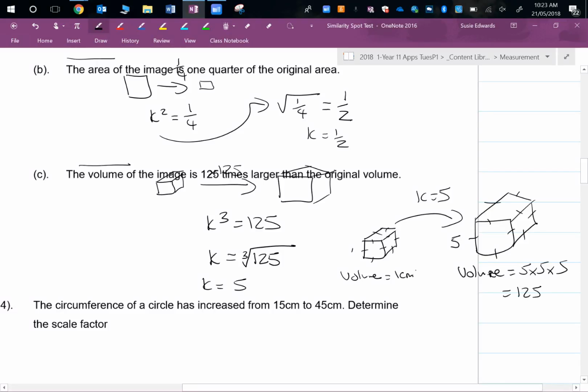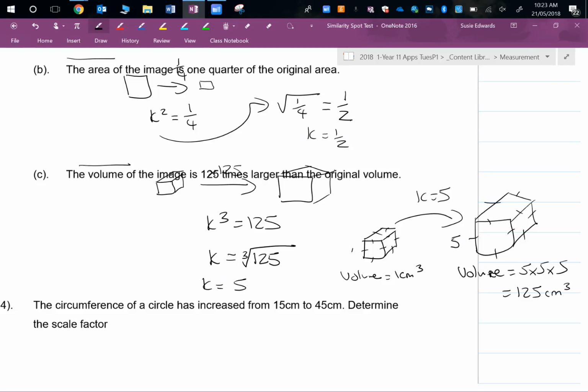So this would be 1 cubic centimetre, this would be 125 cubic centimetres. So k is 5 because we increased all the lengths by 5. But if we were just looking at the volumes of them, you actually have to times by 5 to the power of 3. And that's why this works in that way.